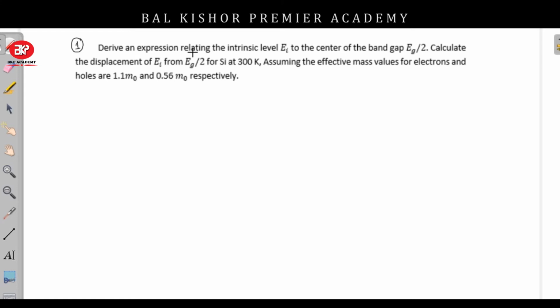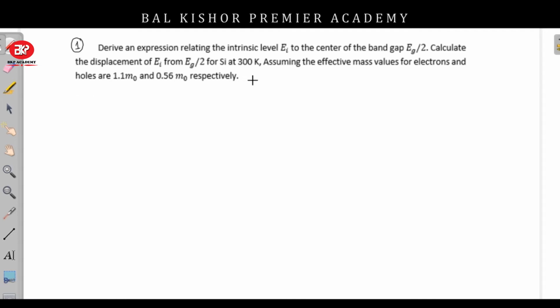Derive an expression relating the intrinsic level Ei to the center of the band gap Eg by 2, and calculate the displacement of Ei from Eg by 2 at 300 K, assuming the effective mass values for electrons and holes are 1.1 m0 and 0.56 m0 respectively. So in the question it is said that we have to find an expression relating the intrinsic level Ei to the center of the band gap.